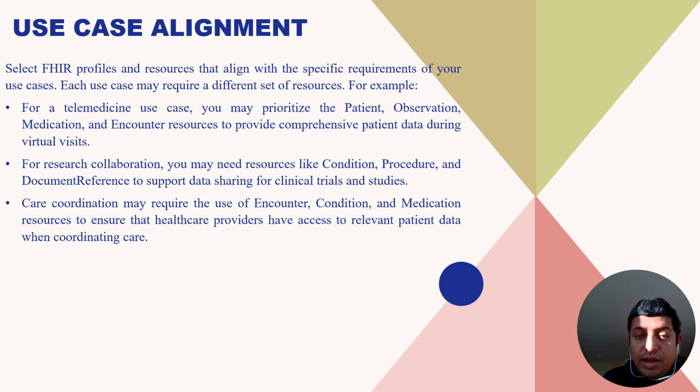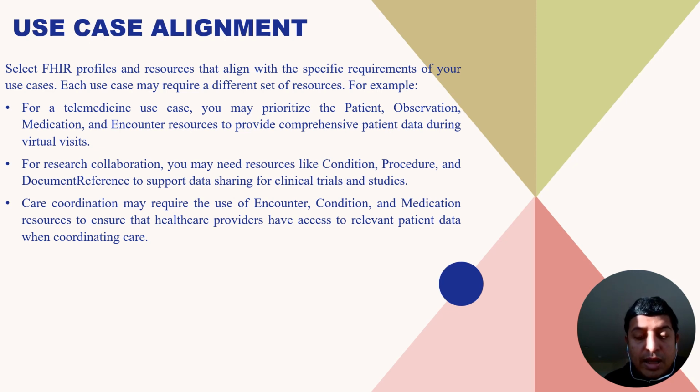Once we identify which use case we want to implement, we understand our current status of readiness for FHIR implementation. It's key to perform the use case alignment. Select profiles, specifically FHIR profiles and resources, that align with the specific requirements for your use case. Each use case may require a different set of resources.